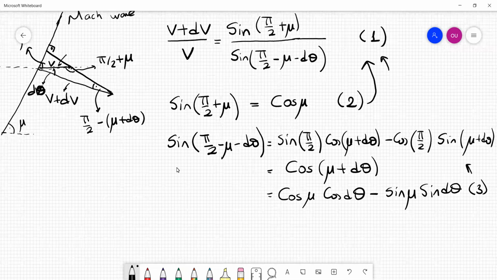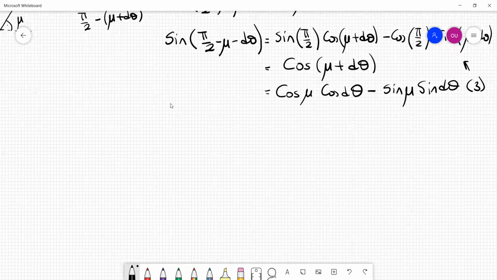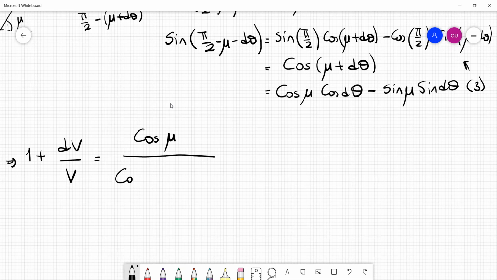And then we end up with a modified relation for (v plus dv) over v, which I can write as 1 plus dv over v becomes equal to cosine mu, this is the Mach wave angle, divided by cosine mu cosine d theta, that's the infinitesimal deflection angle that is created by the Mach wave, minus sine mu sine d theta.